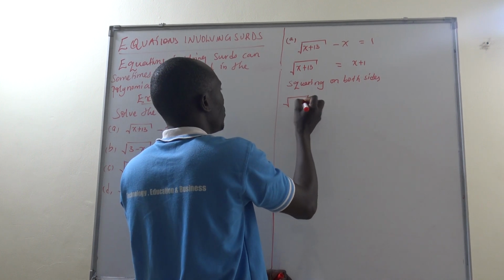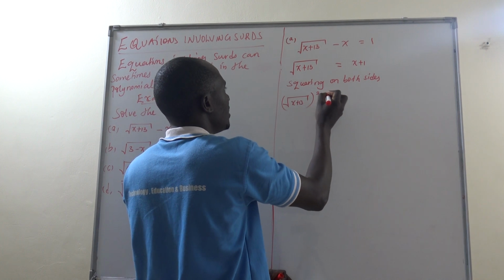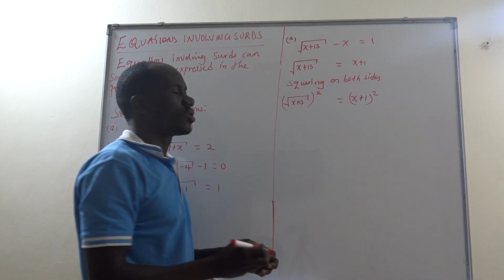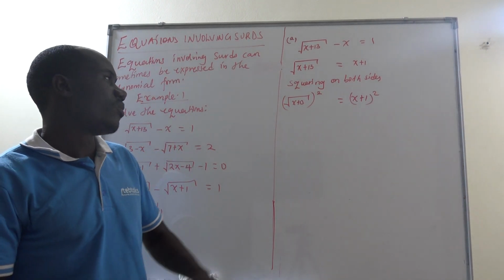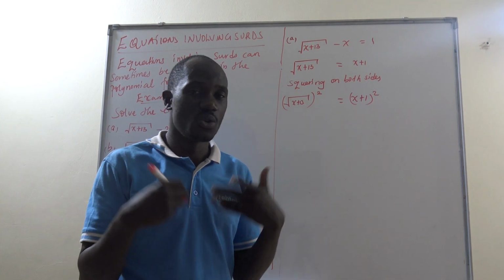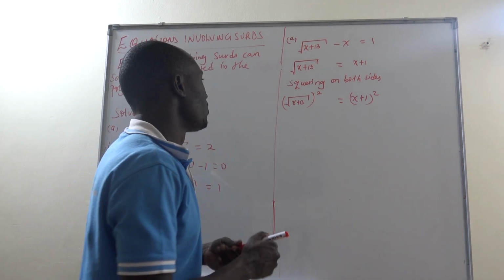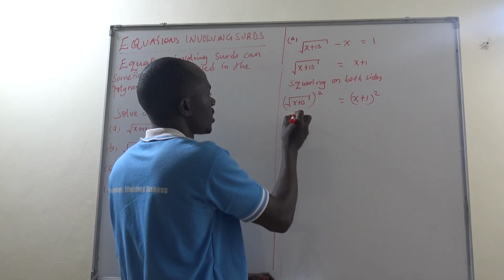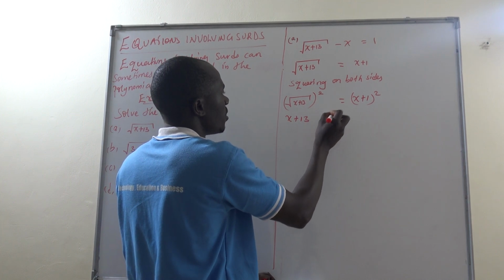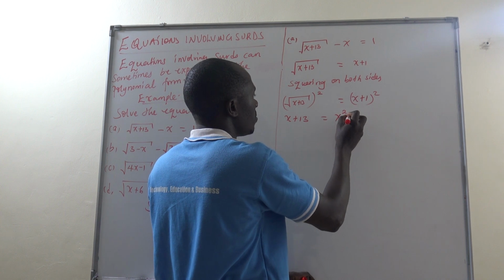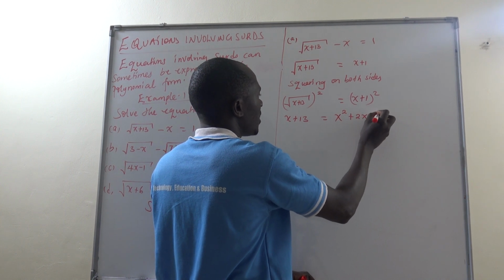We are going to have root of x plus 13, the whole of it squared, equals root x plus 1, the whole of it squared. Where we see these identities which we have been talking about, we can use Pascal's triangle to expand and come out with a clear value. The square cancels with the root, so we remain with x plus 13 equals, expand that one, x plus 2 root x plus 1.